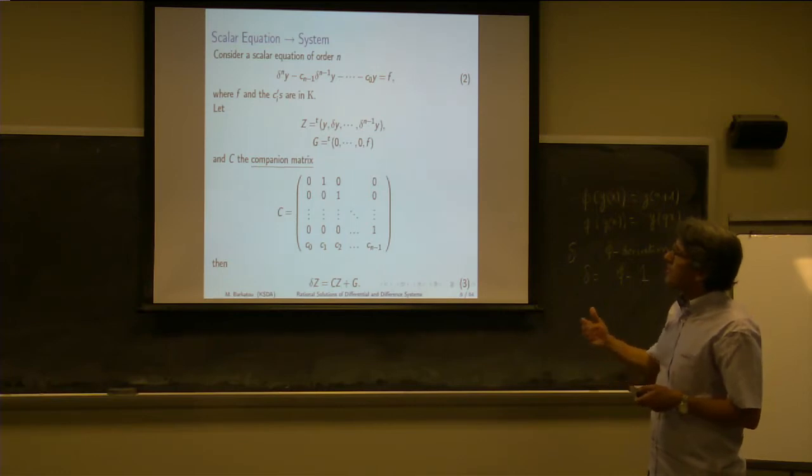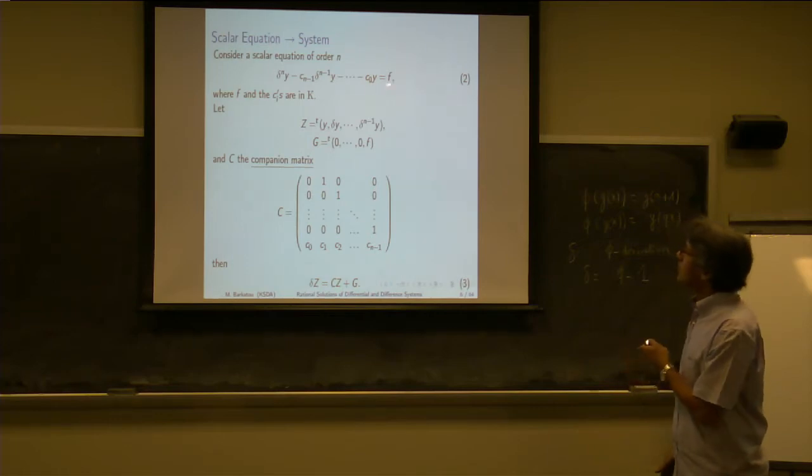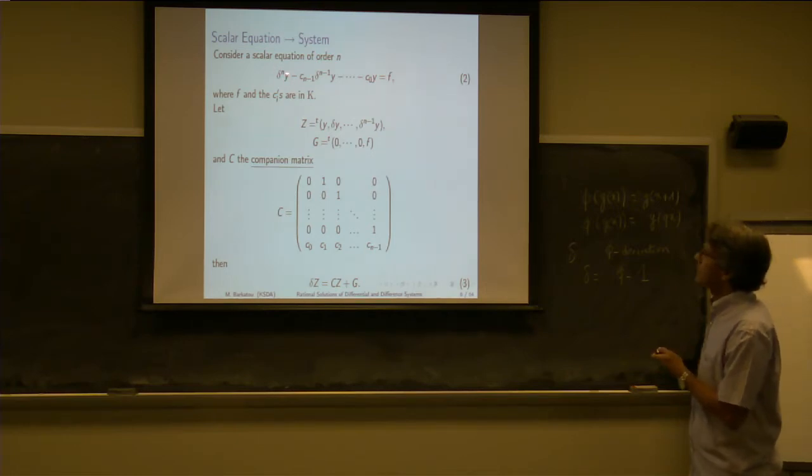Differential equations can be represented as a scalar differential equation, a single equation of order n, where y is a scalar function.